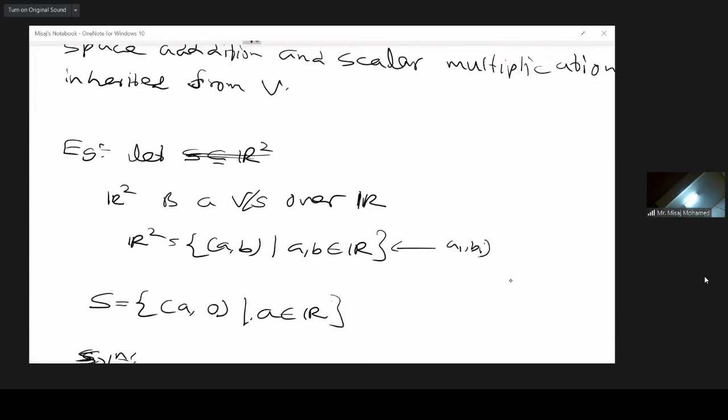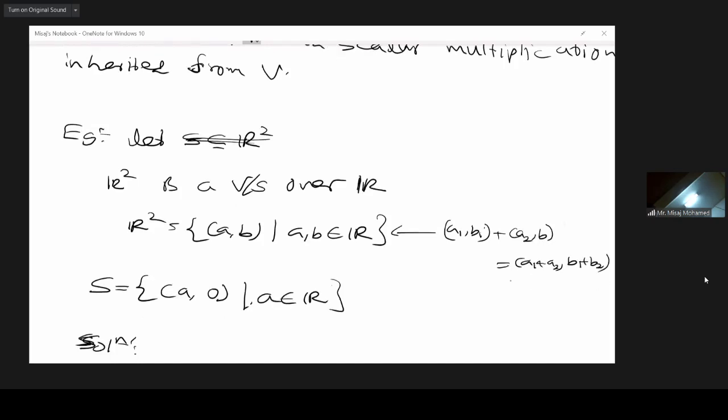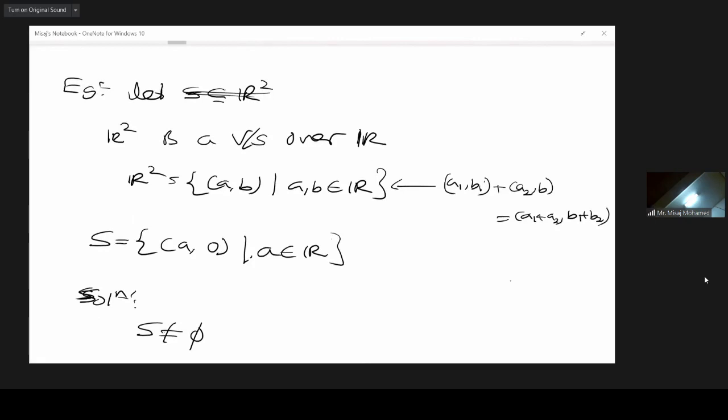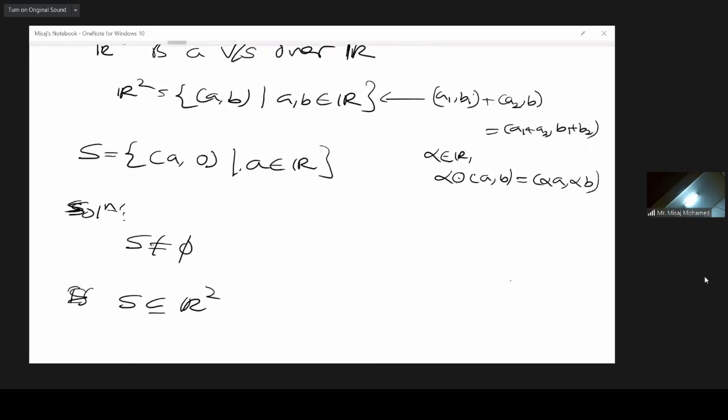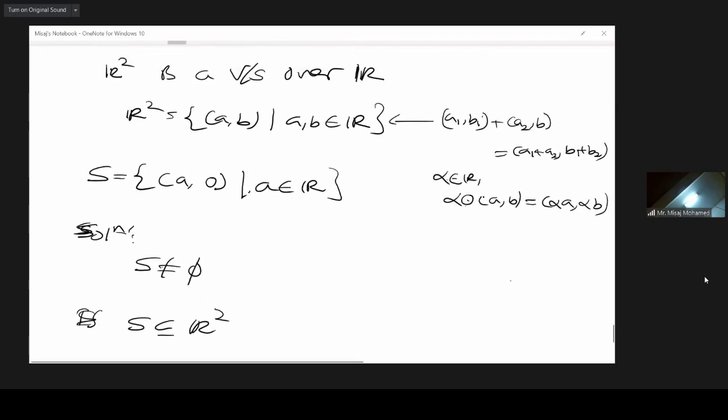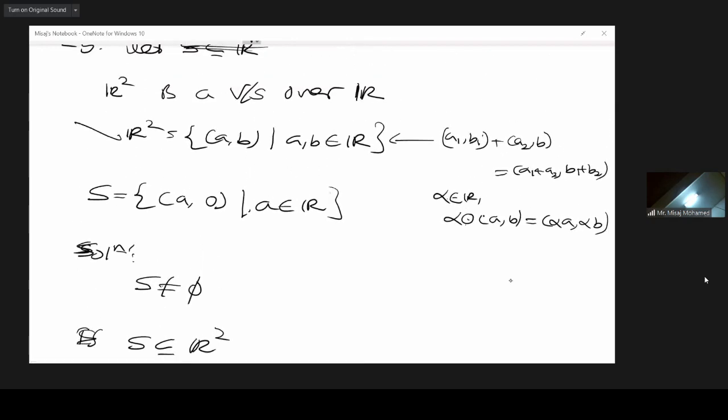A1 comma B1 plus A2 comma B2 equals A1 plus A2, B1 plus B2. Alpha is from R, scalar multiplication alpha times A comma B. Now you have to check whether this is a vector space.